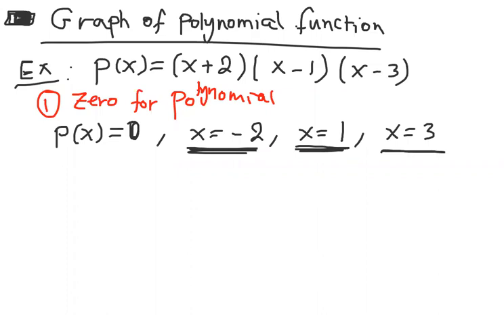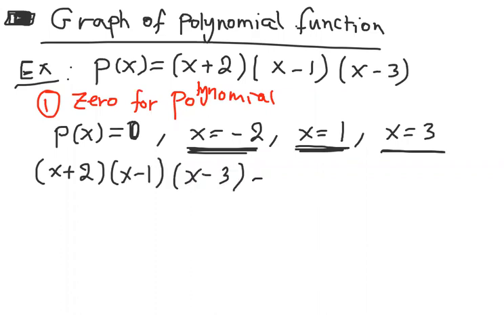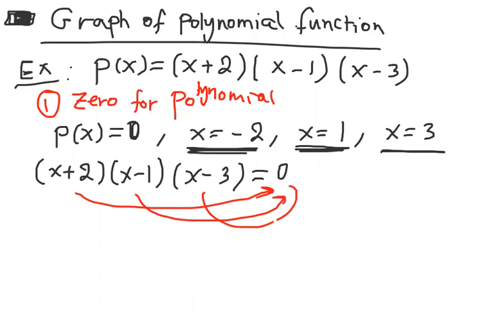Or we solve the polynomial like before: x plus 2, x minus 1, x minus 3, each equal to 0. So the answers are x equals minus 2, x equals 1, x equals 3. This is the first step: you have to find the zeros for the polynomial.